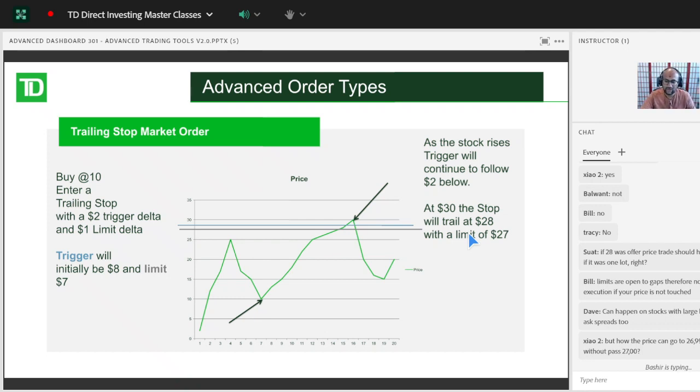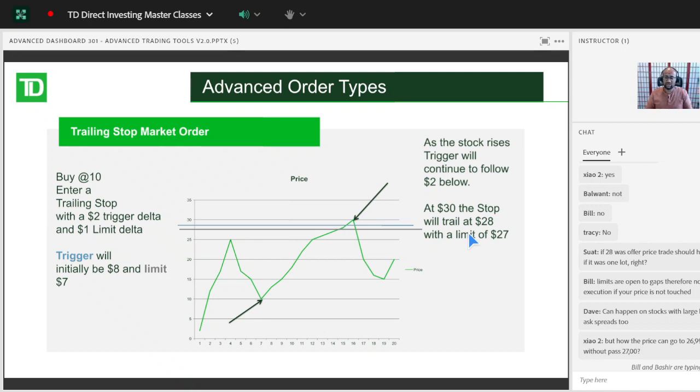But remember, by doing that, you're still taking more of a loss. All right. Zhao says, but how can the price go to 26.90 without passing 27? Zhao, our marketplace is an auction marketplace. It's not systemized where it just trades 1 cent by 1 cent. If some bad news happens on a stock, suddenly the market outlook has changed and the valuation has dropped. It can drop really big, very quickly.